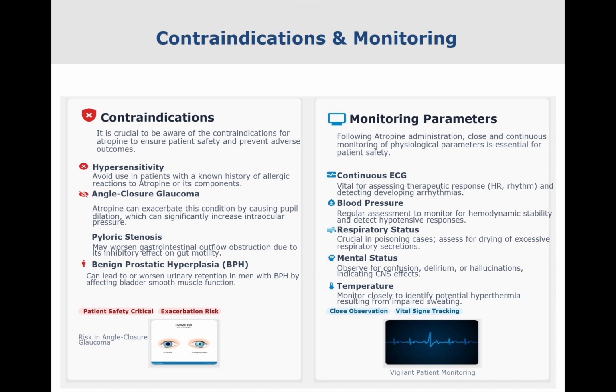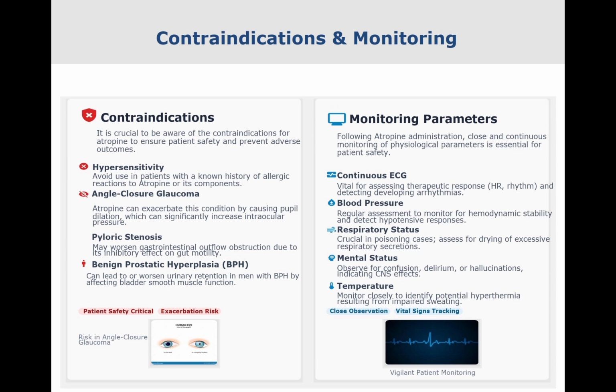To ensure patient safety, it's important to recognize the absolute and relative contraindications for atropine use. It is strictly contraindicated in patients with known hypersensitivity to the drug. Conditions like angle closure glaucoma are contraindications because atropine-induced mydriasis can precipitate an acute glaucoma attack by further closing the iridocorneal angle and impeding the aqueous humor outflow.